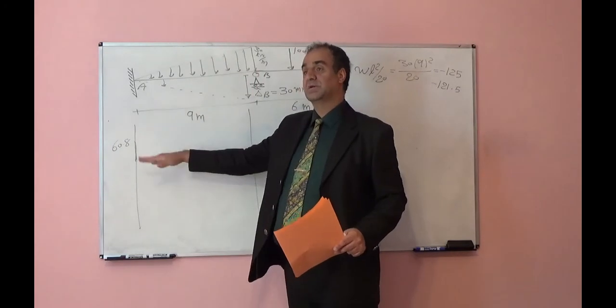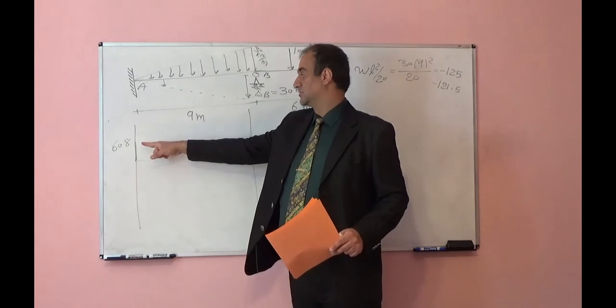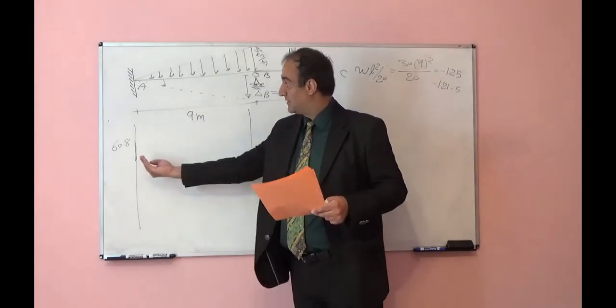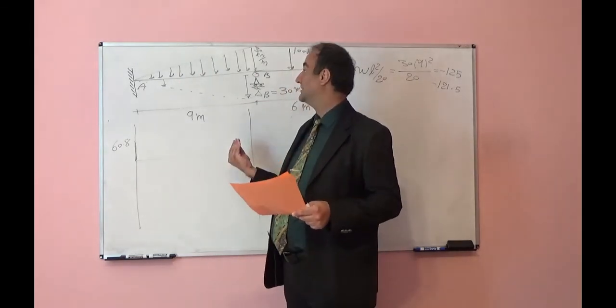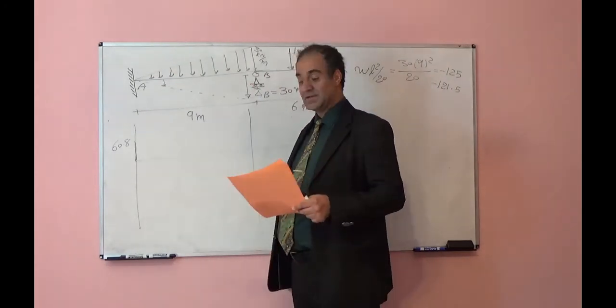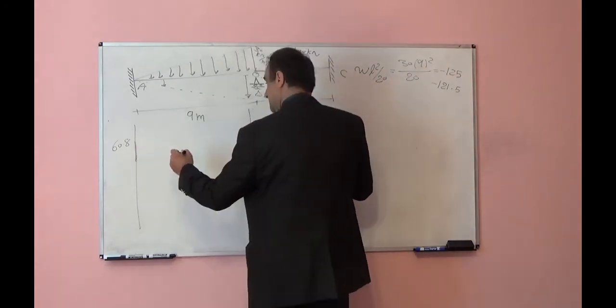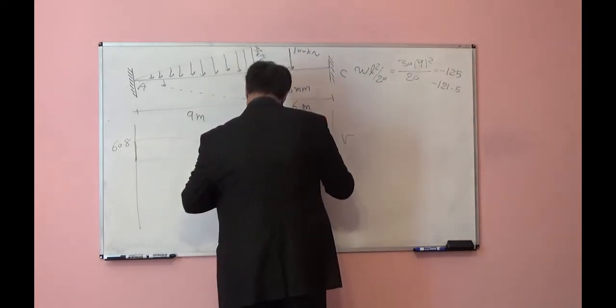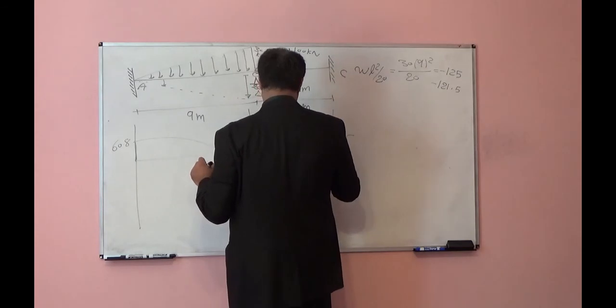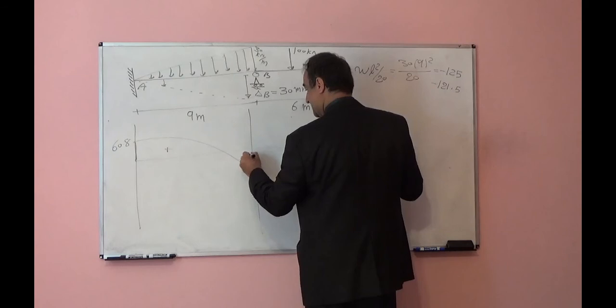The shear diagram will be one degree higher, so it will be second order, a curve shape. From left to right, the magnitude of load is increasing. It means from left to right, the slope of the shear diagram should increase. That means we will have a curve something like this, so its slope will increase. This will be positive, this will be negative.